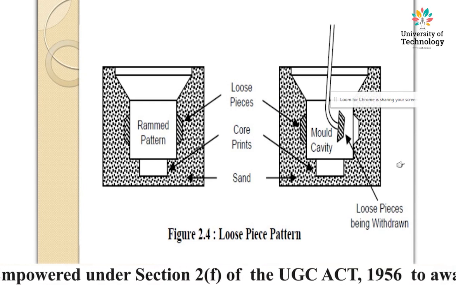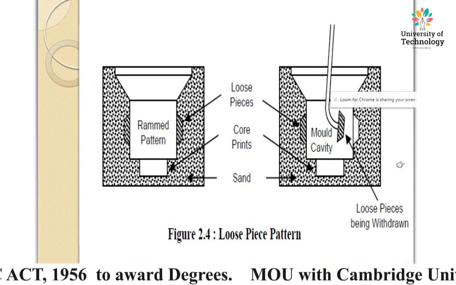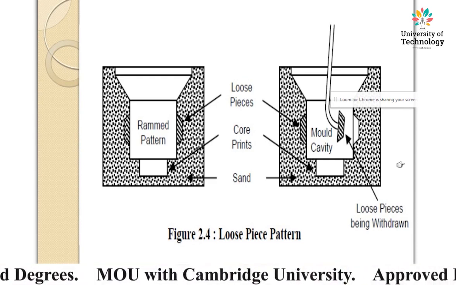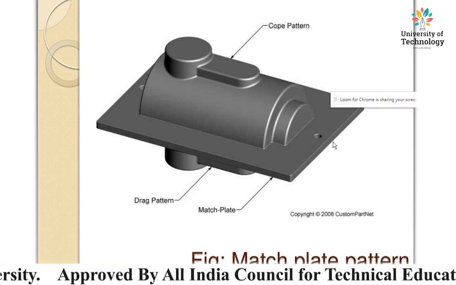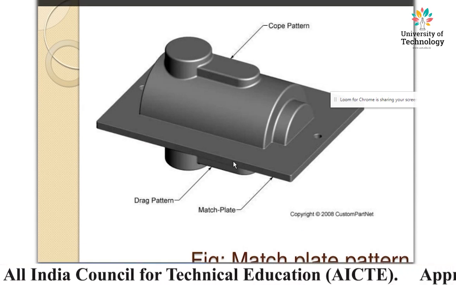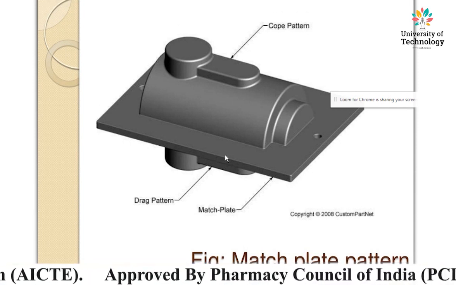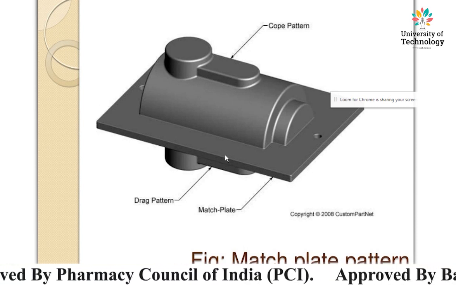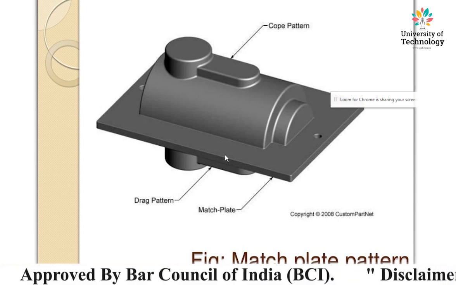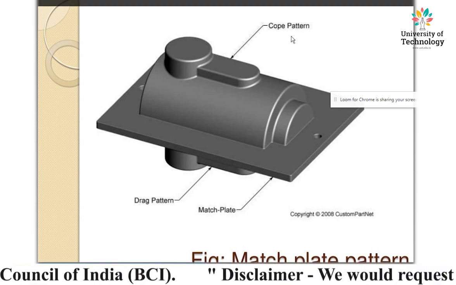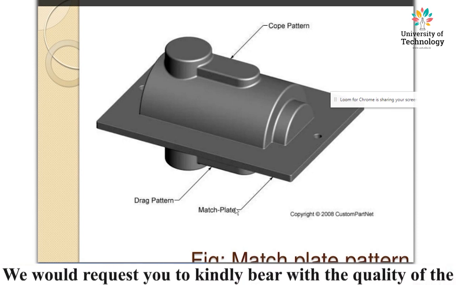Here you can see loose piece pattern figures in the slide. That is a match plate. Here is the plate, and both sides of the plate have the required size of the casting. That is known as the cope pattern, and that is the drag pattern, and that is the center of the match plate.